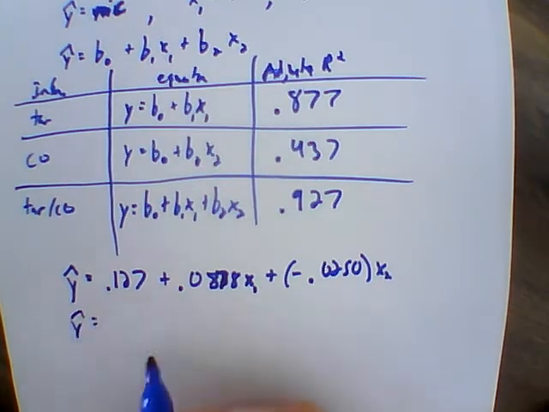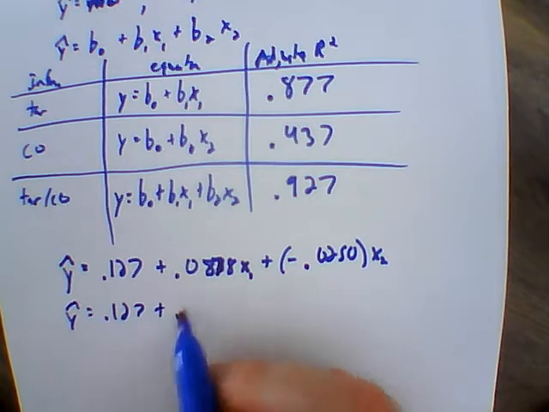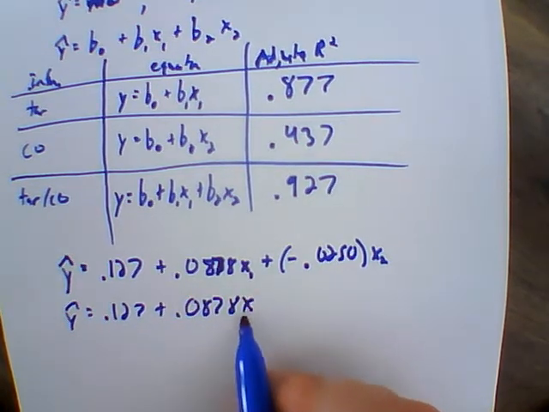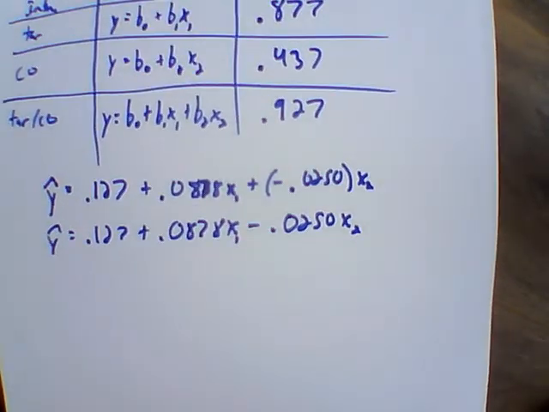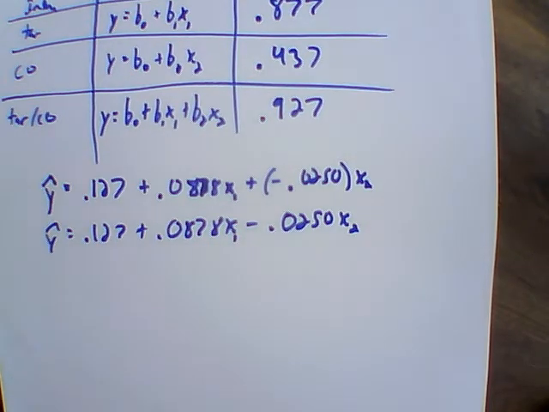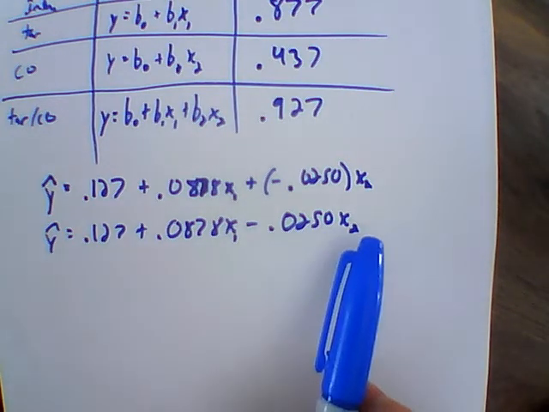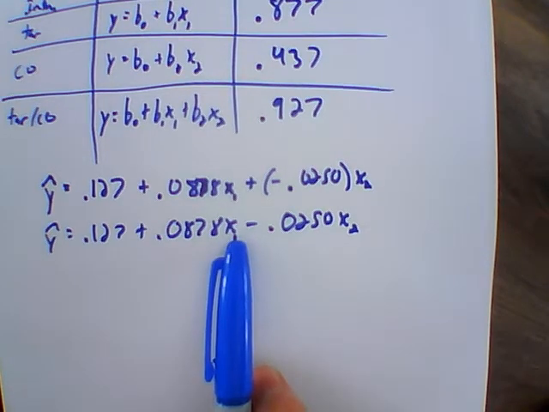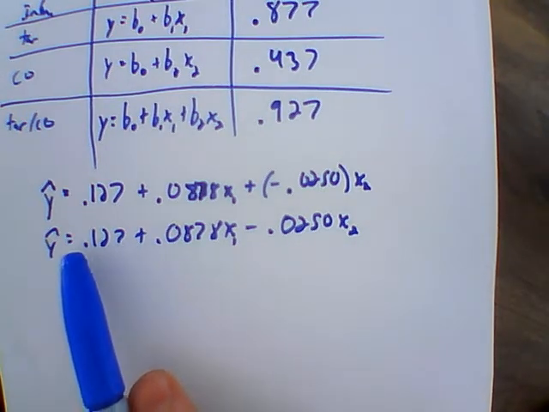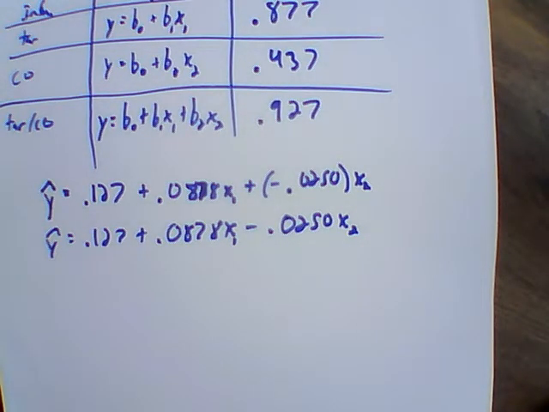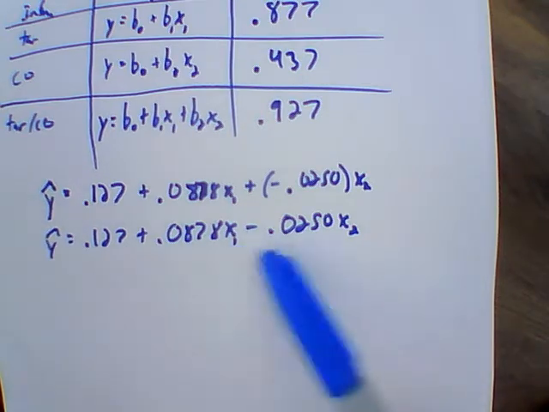I'm just going to clean this up because I messed up on the writing here. And we see that this is our indication. So now we have our two inputs that lead to our output. If we wanted to predict anything on here, we would be able to take this and find what the tar is in a cigarette, what the carbon monoxide value is in a cigarette, and then best predict the nicotine that would be in that cigarette, given this equation right here.